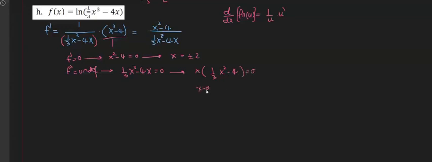So it's either x is equal to 0 or x squared is equal to 4 times 3, which is 12. So x is equal to positive or negative the square root of 12, which is approximately 3.46. And therefore now we have the critical points and we are ready to go to the first derivative test.